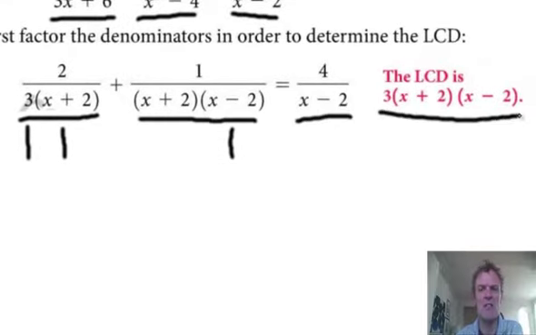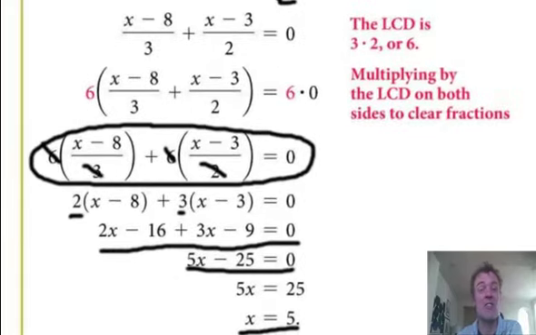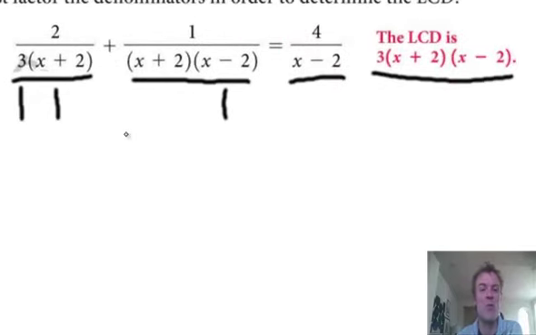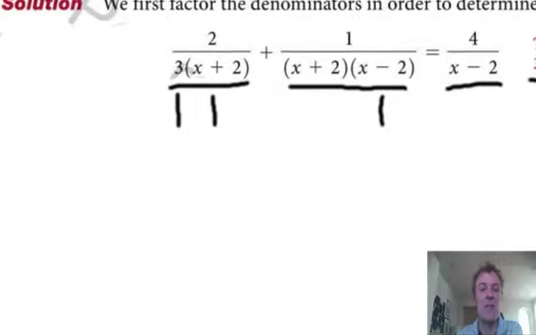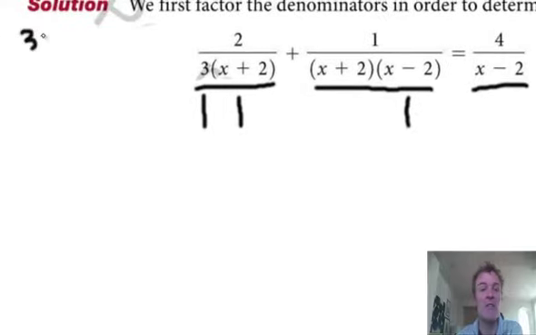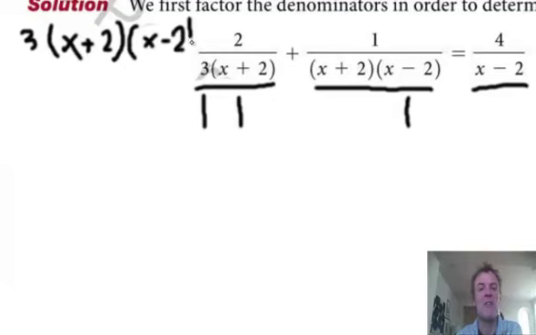I've got to multiply everything by that, not just 6 like before. So everything has to be multiplied by 3, x plus 2, x minus 2. Each one of these 3 terms, 2 on the left and 1 on the right.